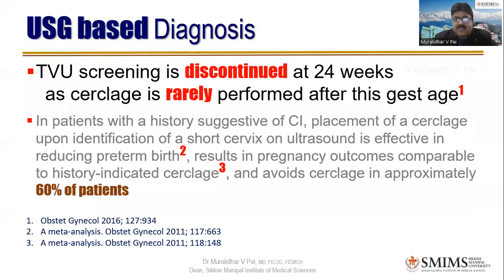In patients with history suggestive of cervical insufficiency, placement of cerclage upon identification of a short cervix on ultrasound is effective in reducing preterm birth, results in pregnancy outcomes comparable to history-indicated cerclage, and avoids cerclage in approximately 60% of patients. So this is the reason why the above sentence is made.